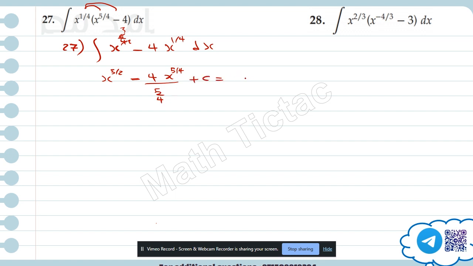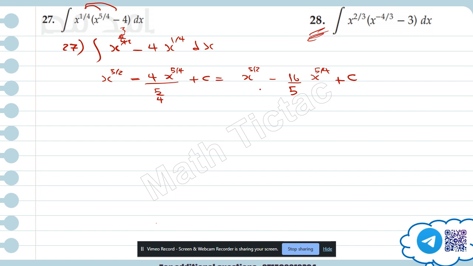We can write it as x to the power 5 over 2 minus, now in here 4, we can flip the second one, so it will be 4 multiplied by 4, which is going to be 16 over 5 multiplied by x to the power 5 over 4 plus c. The same thing if you would like to solve question 28, it will be the same concept exactly.